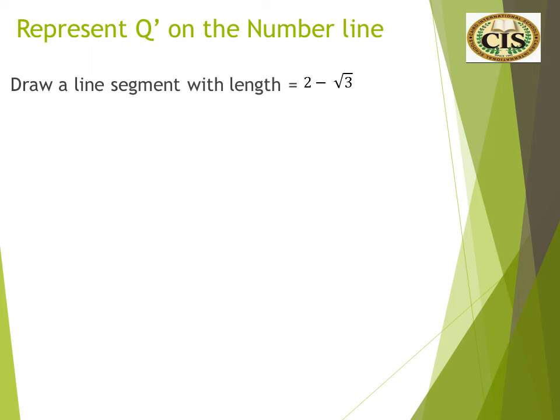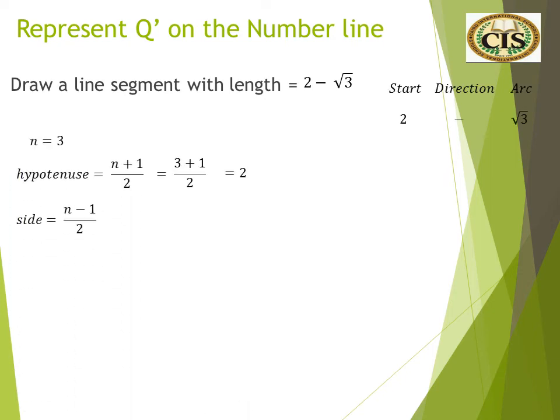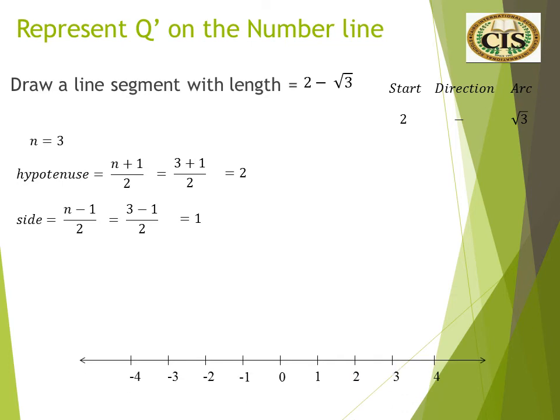2 minus root 3: we represent root 3, but we start from 2 and move to the left. (3 plus 1) over 2 equals 2. (3 minus 1) over 2 equals 1. We draw the right angled triangle, but we start from 2 and move to the left. Why to the left? Because we want to represent 2 minus root 3.